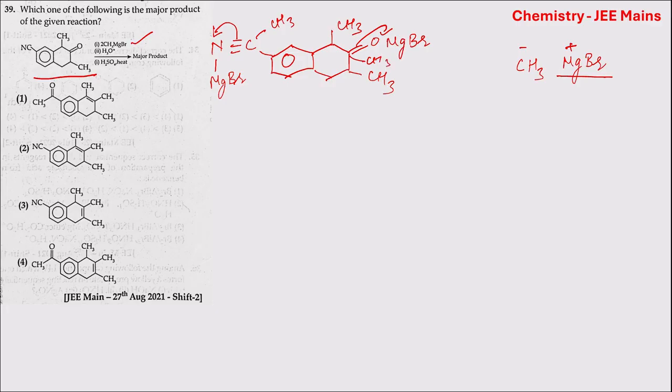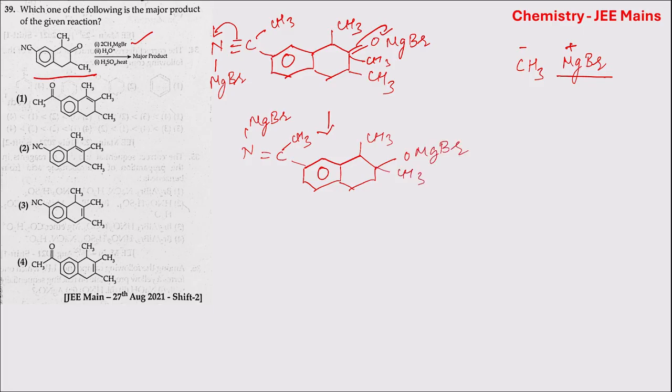This double bond changes to single bond. So the intermediate that is formed is C double bond N, here MgBr, then CH3, and here this is CH3, here it is OMgBr, here another CH3 and then CH3.